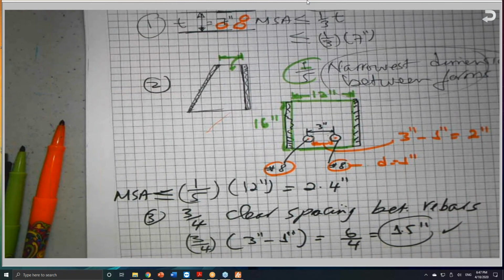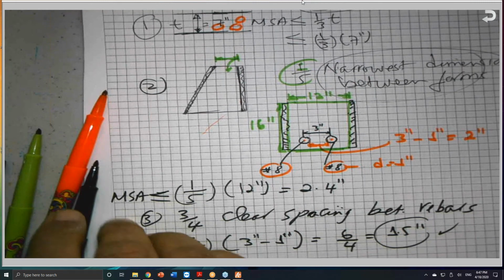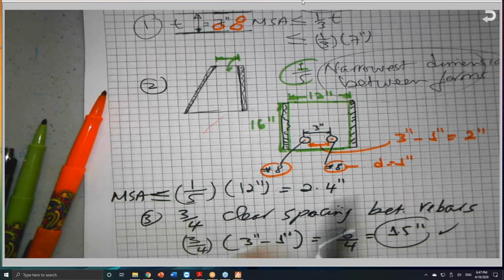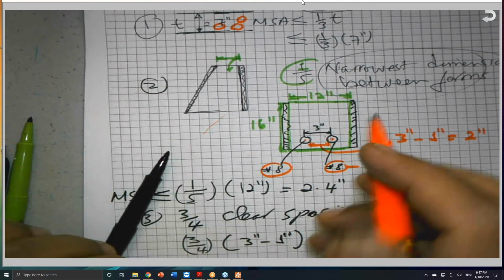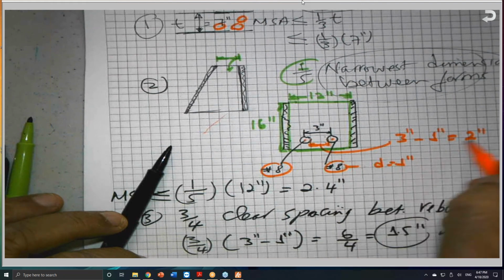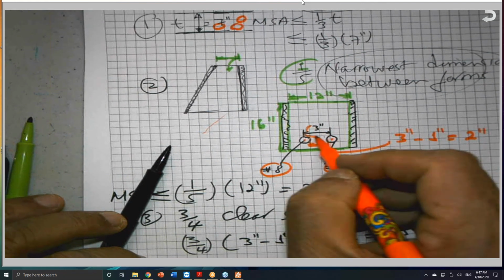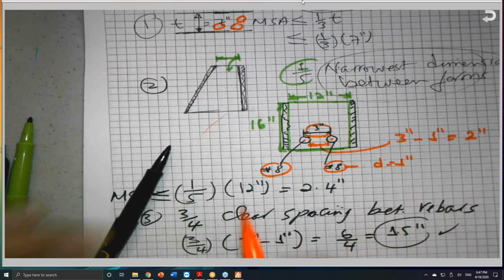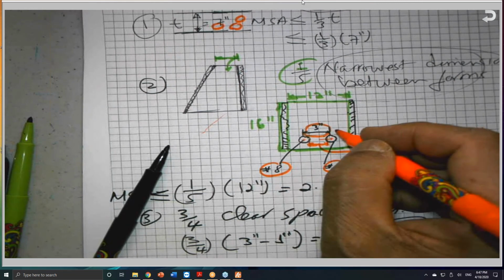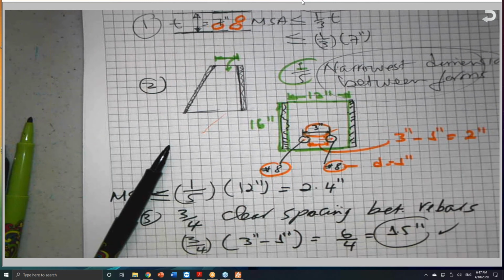I don't want a big piece of aggregate to come and get stuck here, if the spacing is only 2 inches, and prevent the concrete from surrounding the rebars.